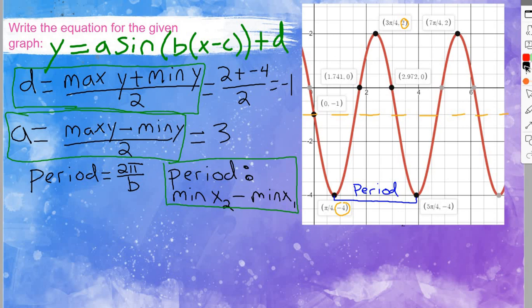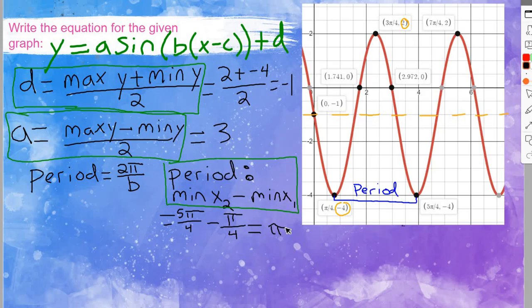For this one, our x2 is what? 5 pi over 4. Okay. And our x1 is pi over 4. What is 5 pi over 4 minus pi over 4? Pi. Yeah, 4 pi over 4, or pi. That's the period.